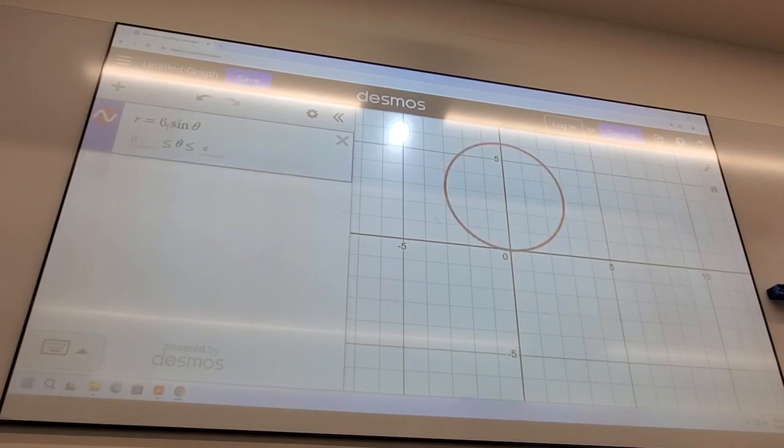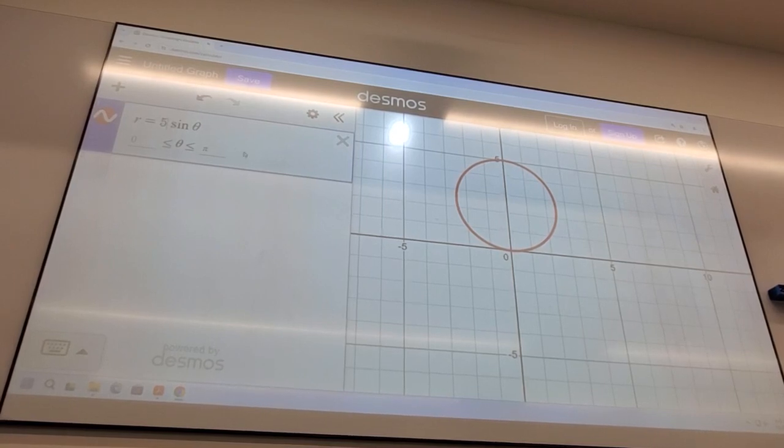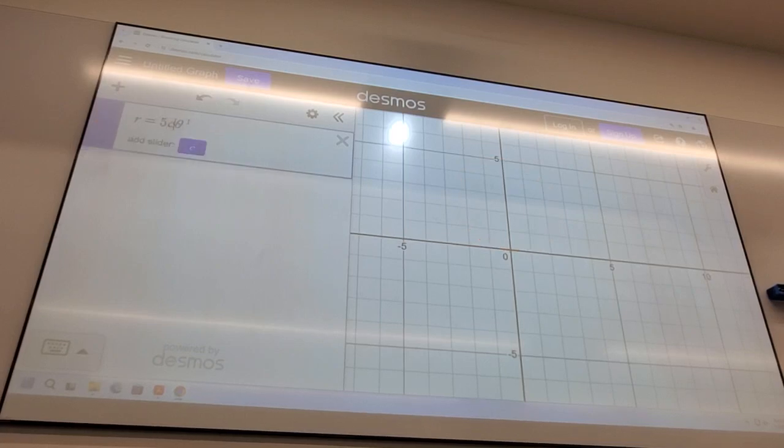What was it? 5, okay, sure. That just makes the radius go down. The radius is going to become half 5. Sine likes y, so that circle is on the y-axis, correct? If I make this cosine, it should go up on the x-axis. Isn't that silly?